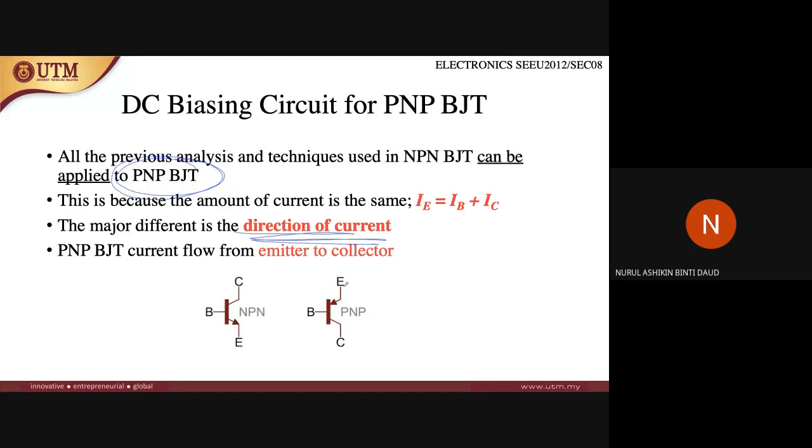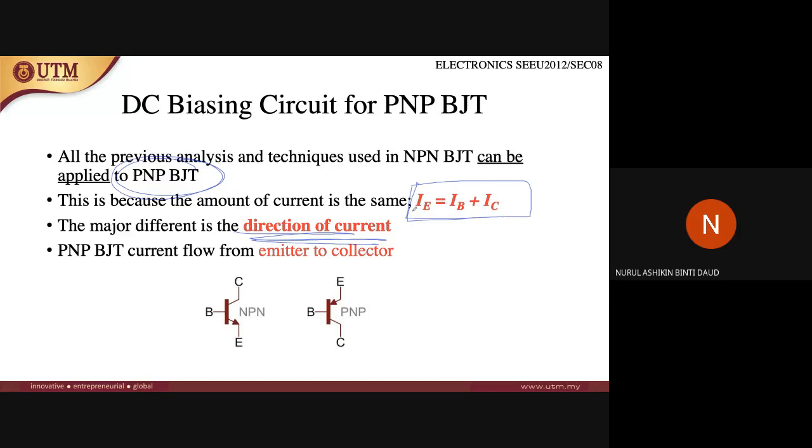For the PNP, the current flows from the emitter to the base and collector, but for NPN, the current comes out through the emitter. Why is it applicable? Because the amount of current is the same for both: IE is equal to IB plus IC. All the techniques and methods are the same.